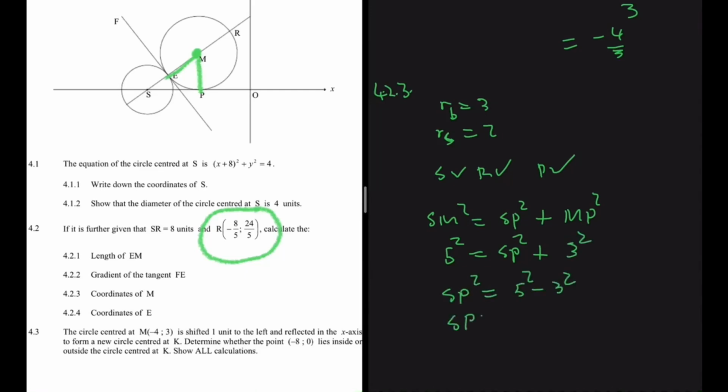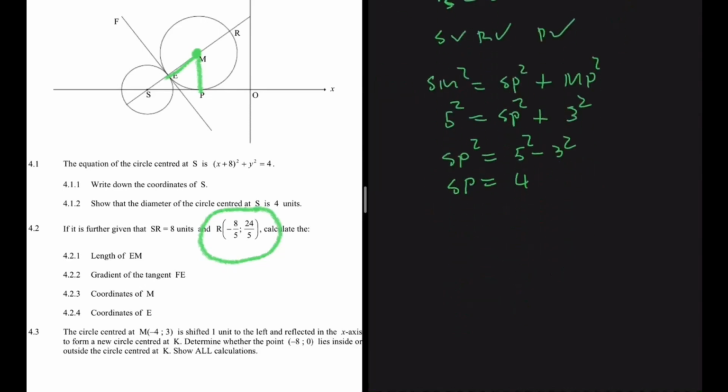So SP squared will be equal to 5 squared, that's 25. 3 squared is 9. So 25 minus 9 is 16. Square root of 16 is 4, right? So SP is equal to 4. But we know that the coordinates of S is minus 8 and 0, right? And then we have P, which is the x value, and 0 here, right?